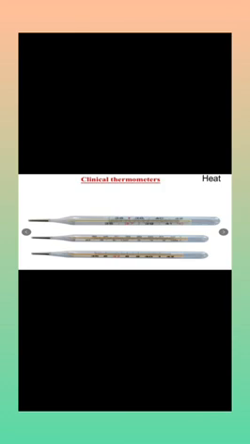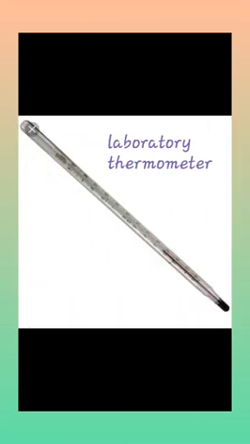And in the book also you have to learn in detail about the clinical thermometer and the laboratory thermometer. Okay, and this we'll do in our next class. So I hope till here all of you have understood.